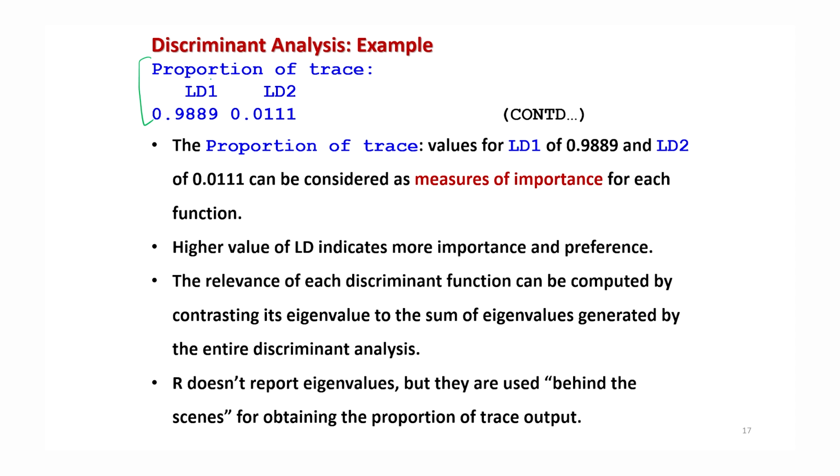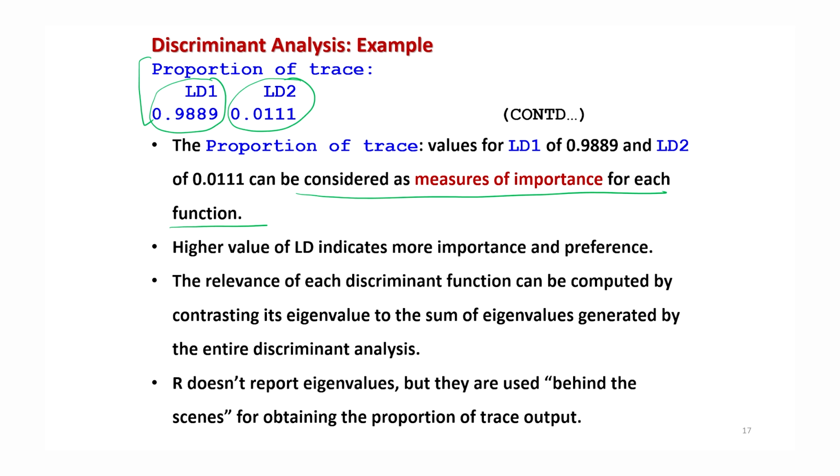You can see for LD1 the proportion of trace is 0.9889, and for LD2 it is 0.0111. These two values can be considered as the measure of importance for each function. How they are coming, I will try to explain. Although it is not clear from the output because the output is not giving all the details, it is giving you the final value.